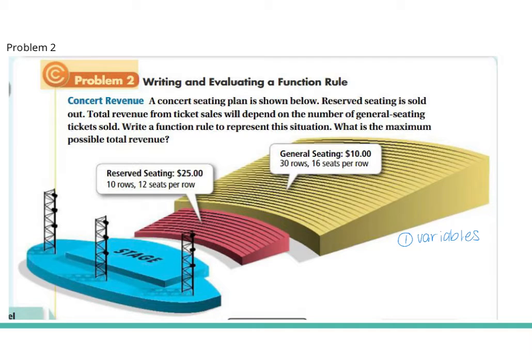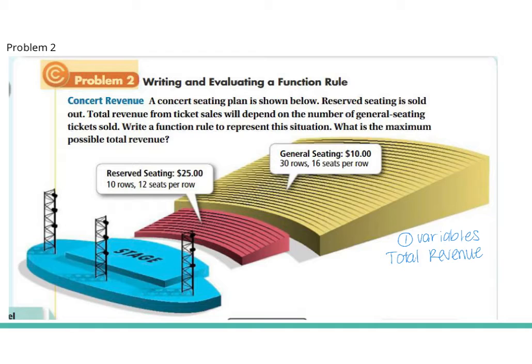Total revenue. Perfect. Total revenue. That is what we're trying to find. It says that the total revenue from the ticket sales will depend on the number of general seating tickets sold. So remember, variables depend on each other. So what's our other variable? General seating.